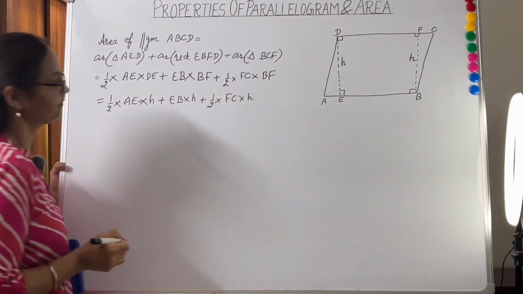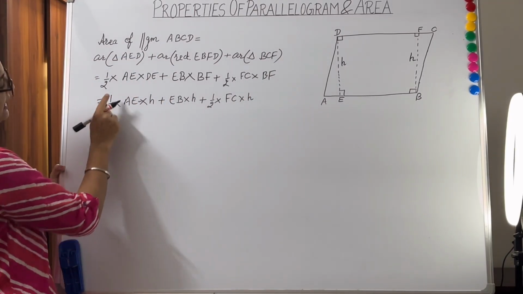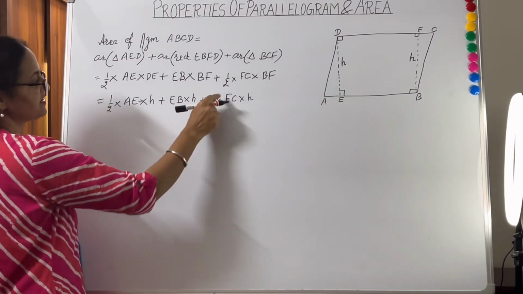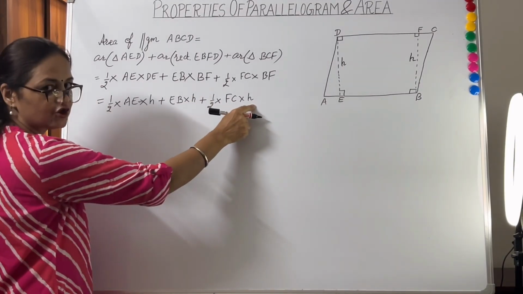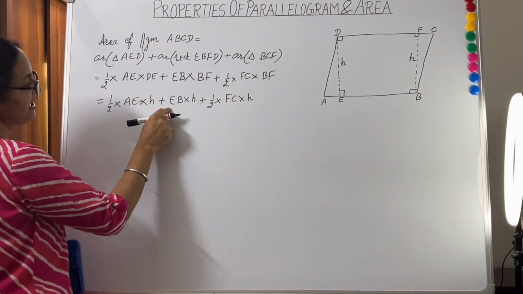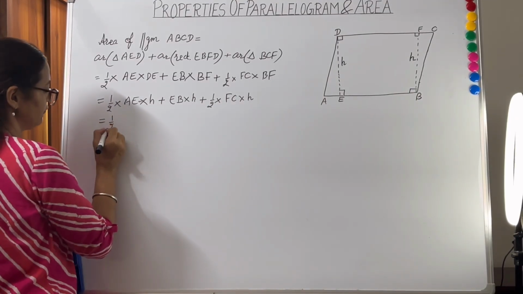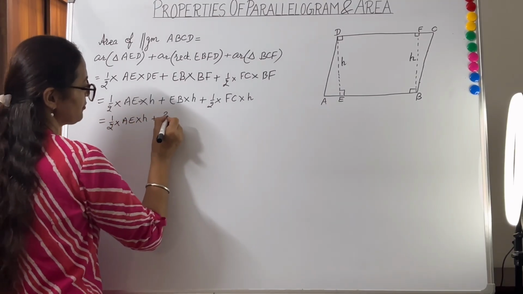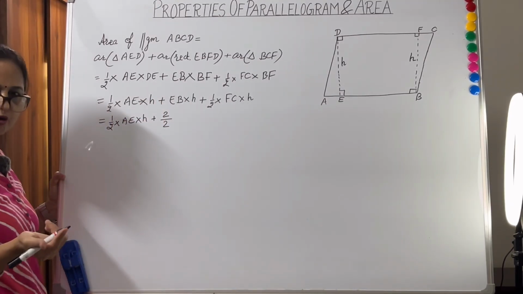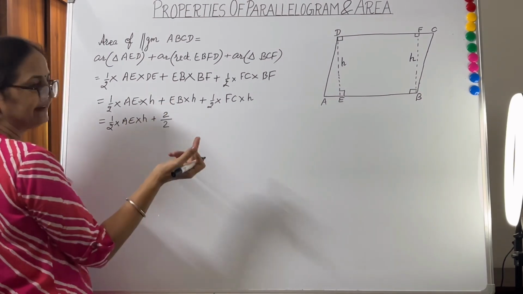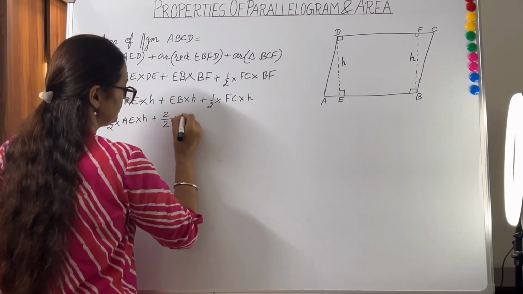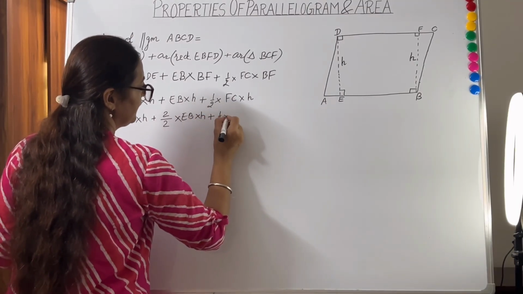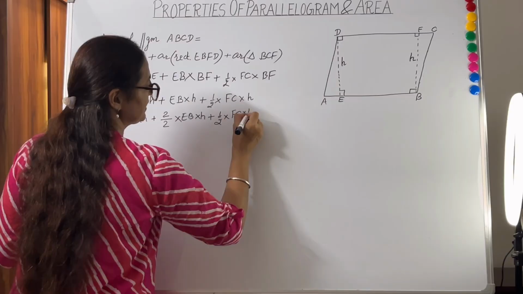into h. Okay. Now whatever is common in these, we will take out. But see, this has a half, this has a half. h is common in all the three. So to take half common from here also, what do I do? First of all, I will write 2/2 here, because we can write 1 as 2/2, here there is no half, so I am writing 2/2 into EB into h plus half into FC into h.